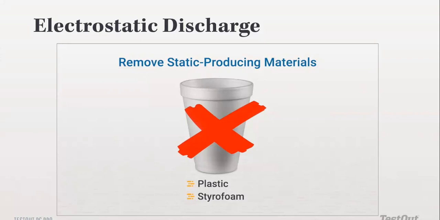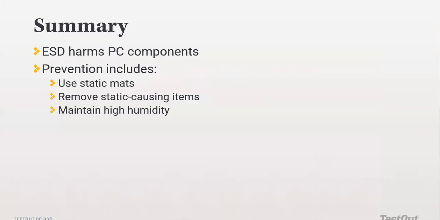I don't know if you've ever opened the carton of a new TV, there is this white foam in it that TVs sit in, irrespective of the electrical component you're purchasing. When they come new, they always sit inside this whitish foam. It is what we refer to as styrofoam. So they are capable of producing static electricity. So while working with PC components, remove every static producing material around them.